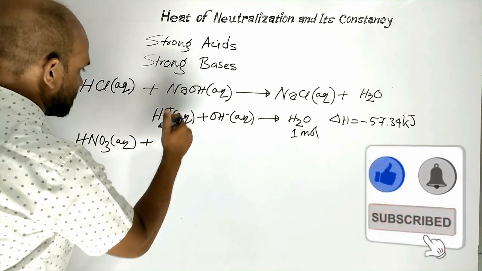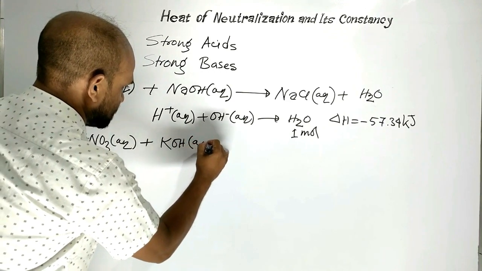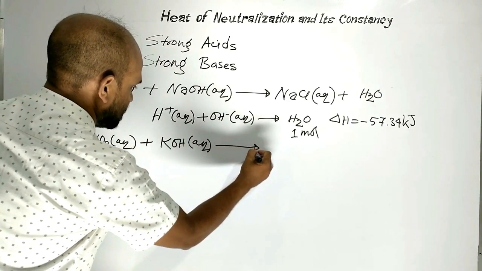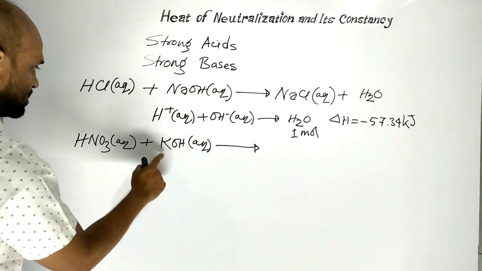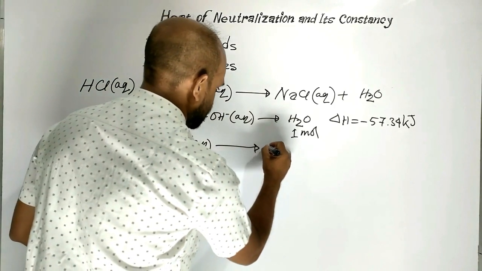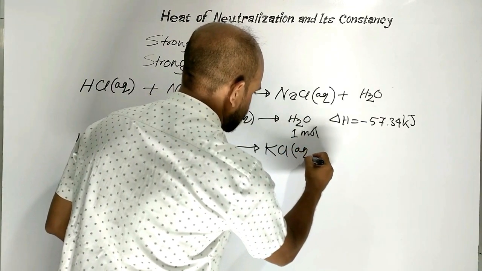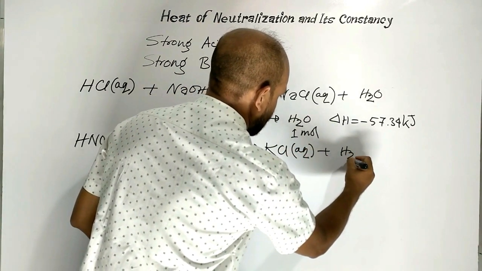Now let us see a reaction between nitric acid and another base, suppose potassium hydroxide. Potassium hydroxide reacts with nitric acid to form a salt and water.